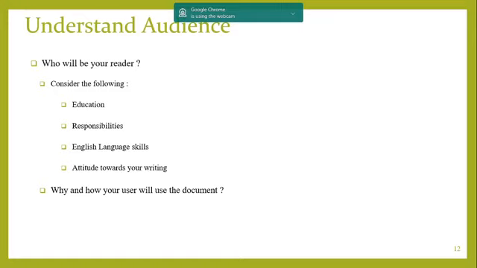To understand your audience, ask yourself one question: why and how will your user use this document? Why does he need it, and in what way will he be using your document? We need to find that out. What will my user use my document for?